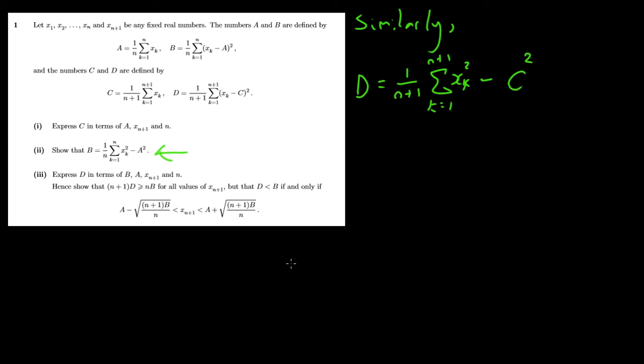Now, how does this relate to what we've been told to relate it to? Well, if we look at the summation, we see that b is summed to n, and this is summed to n plus 1, so it makes sense to just do this, and split it up, appending the last term here. And then we see, whoops, that's squared.